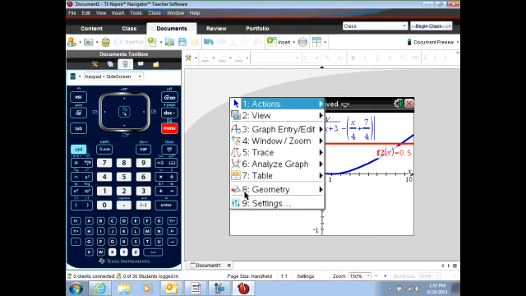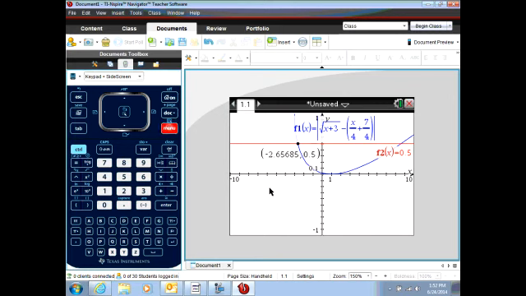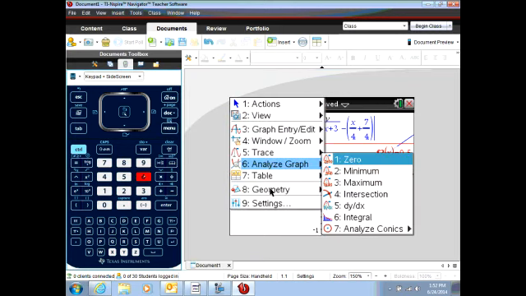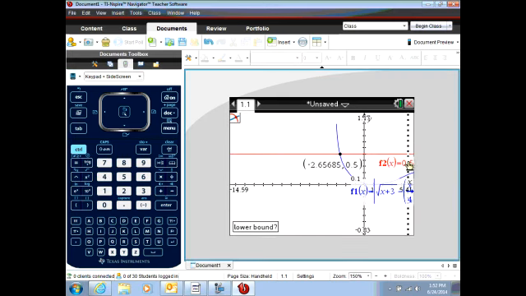So we'll find our intersection points. Go to Menu, Analyze Graph, Intersection. Your first curve, and your second. Okay, we'll go lower bound again and upper bound.